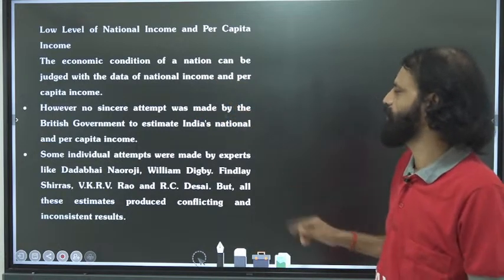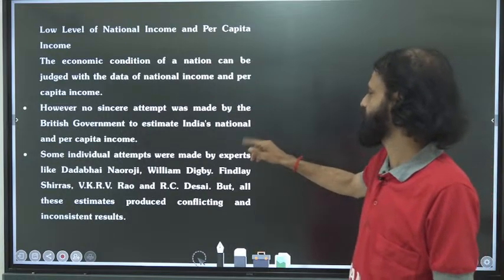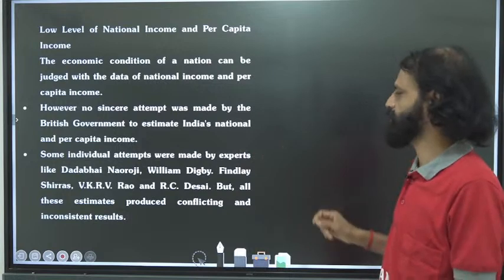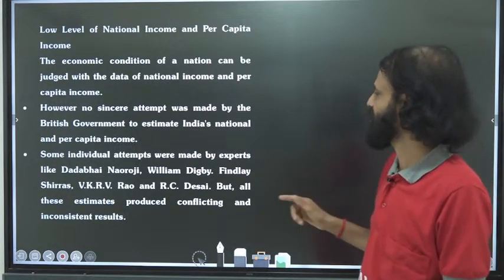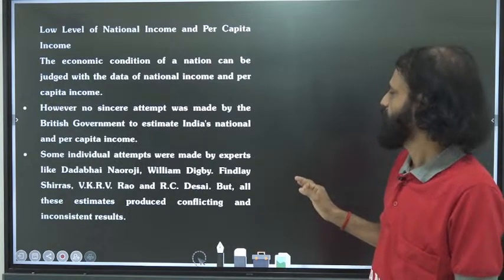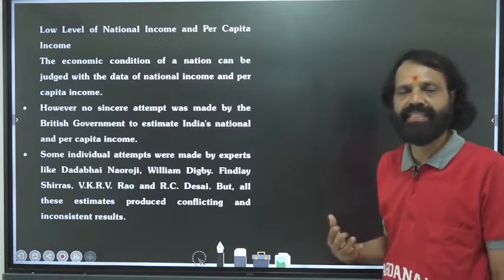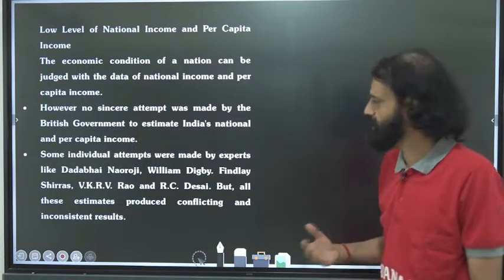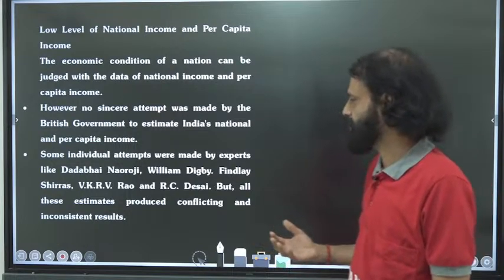However, no sincere attempt was made by the British government to estimate India's national and per capita income. During the period of British rule, they did not make any attempt to estimate it.